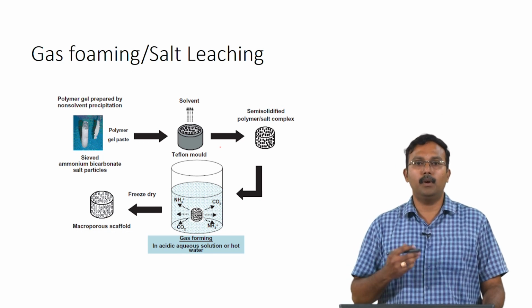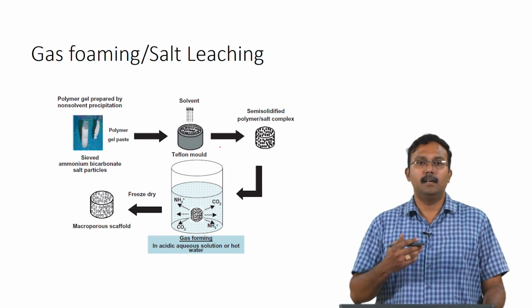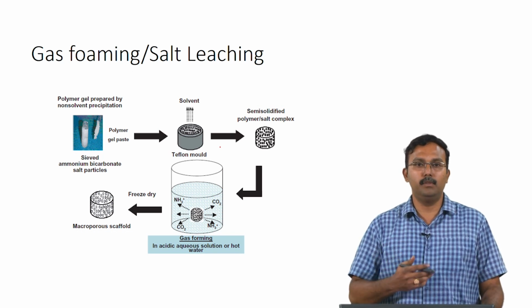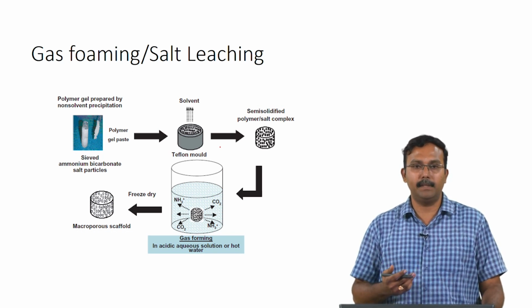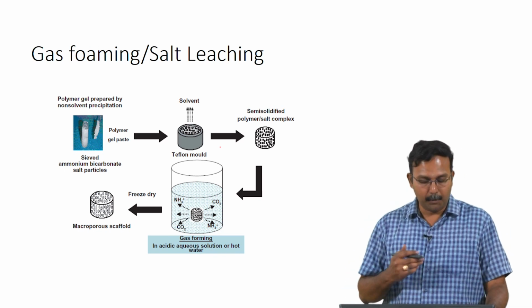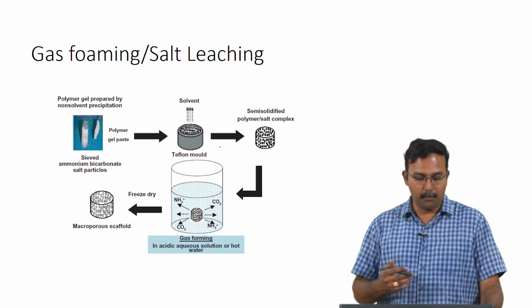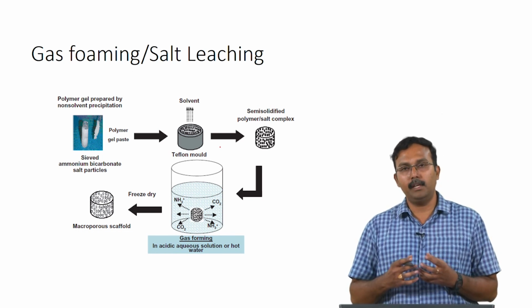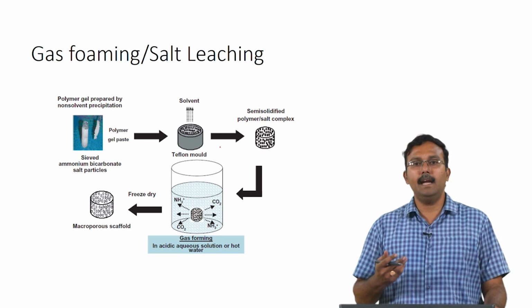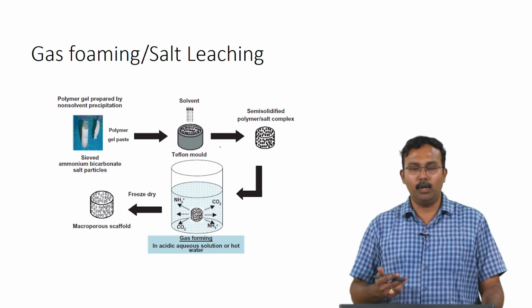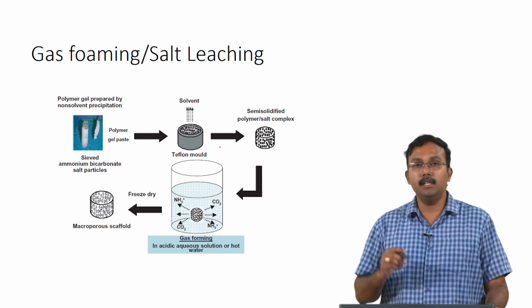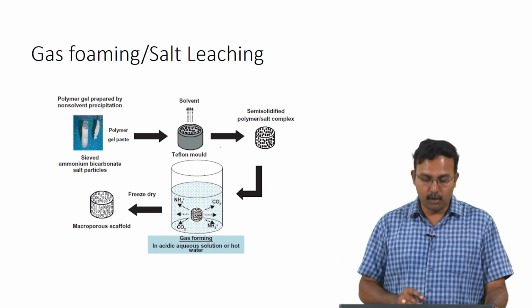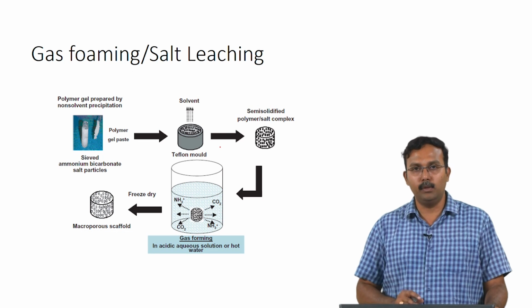Here is an example where they have prepared a polymer gel using a non-solvent precipitation method, and the polymer gel paste along with the ammonium bicarbonate salt particles is mixed and you pour it into a Teflon mold to create a semi solidified polymer salt complex. This semi solidified polymer salt complex is then added to the acidic aqueous solution or to hot water.